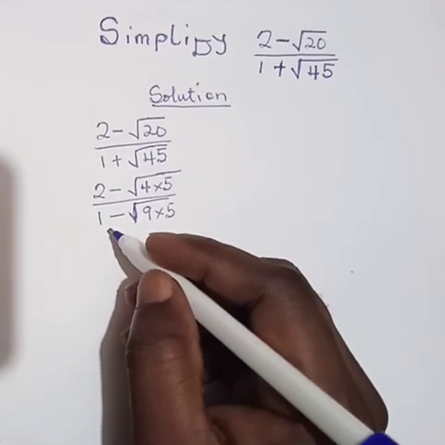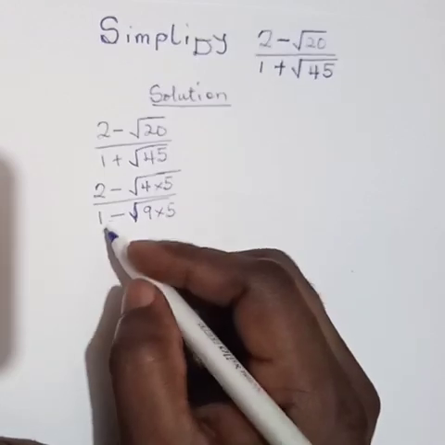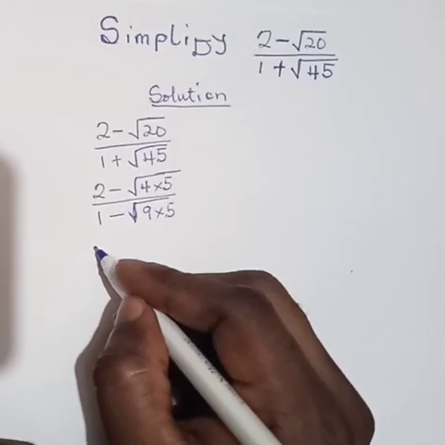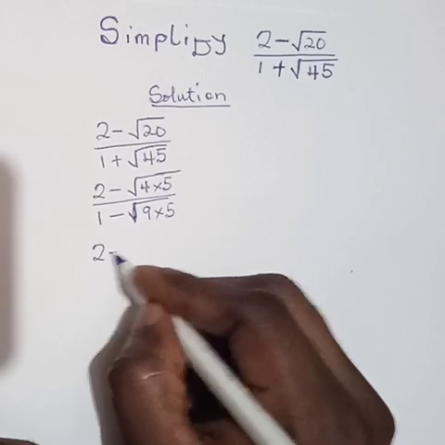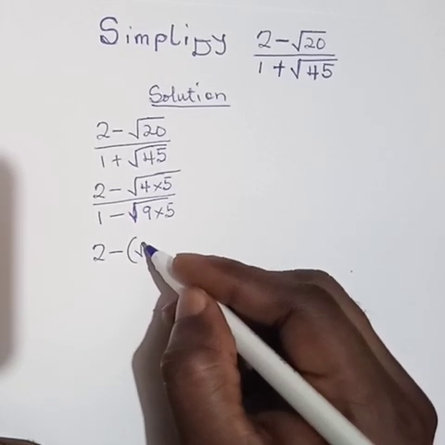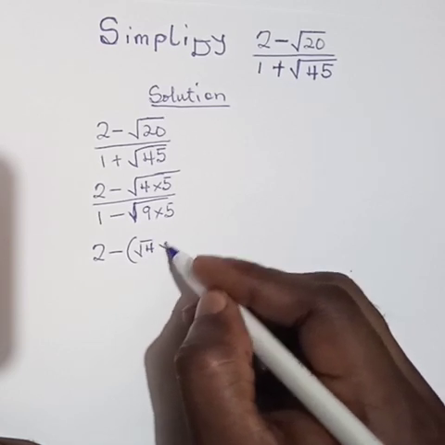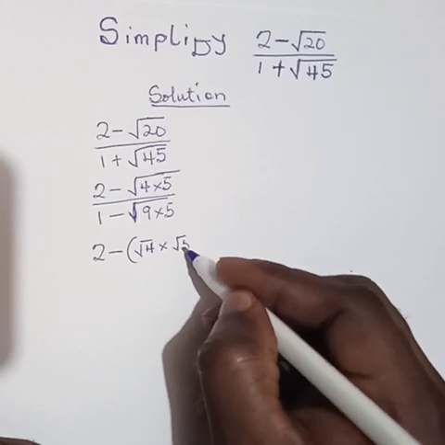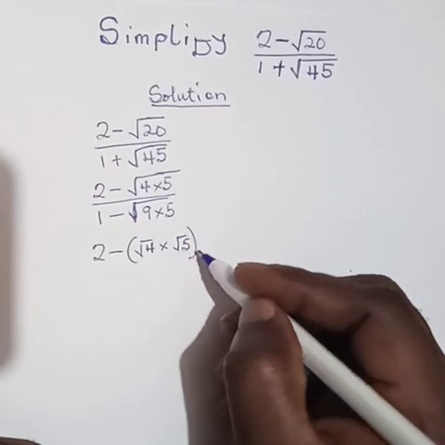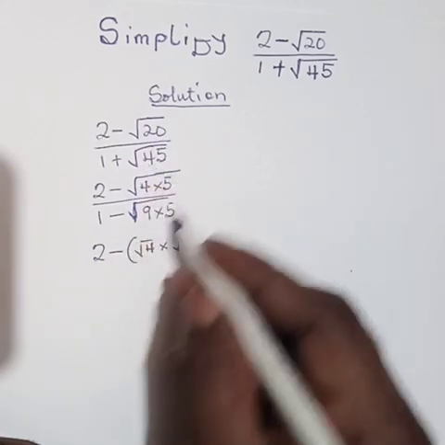Now once I've gotten those two factors, let me continue by writing 2 minus. I can also write the whole thing as square root of 4 times square root of 5. So I'm still on the 20 and I'm still on the 45.